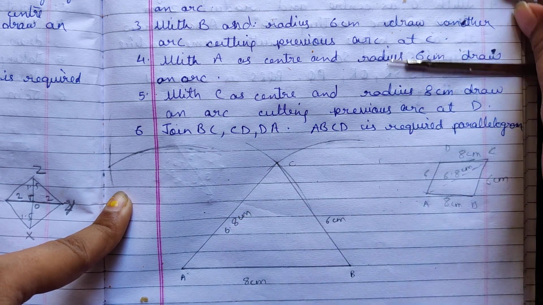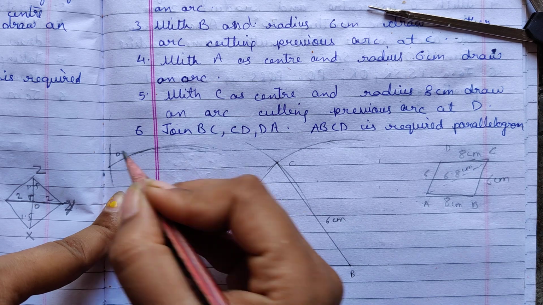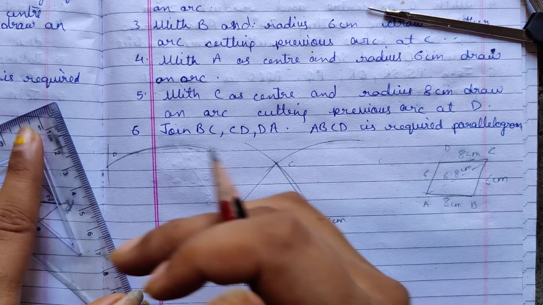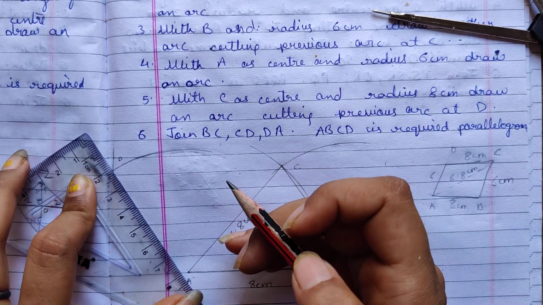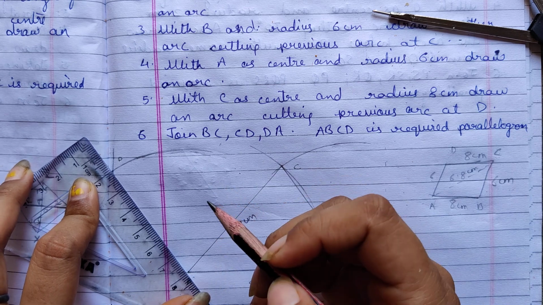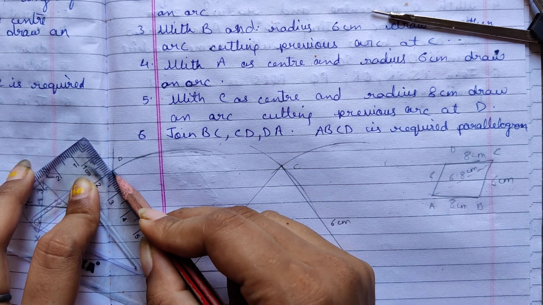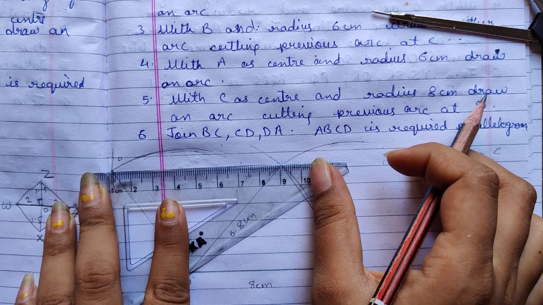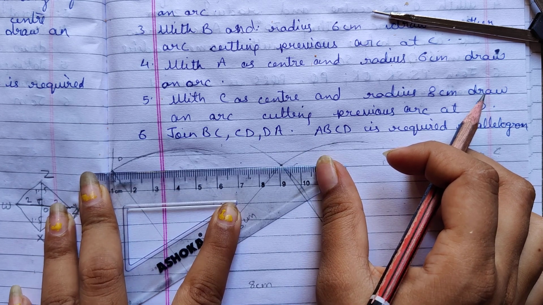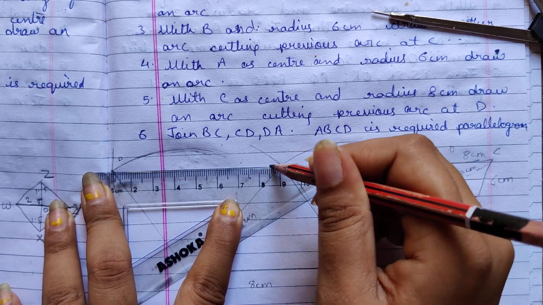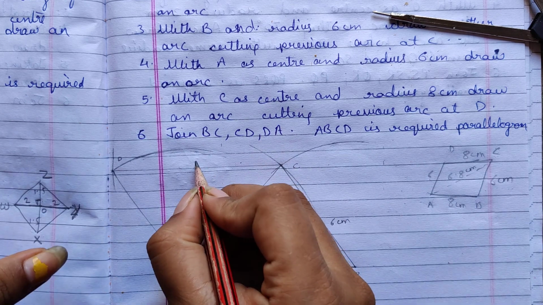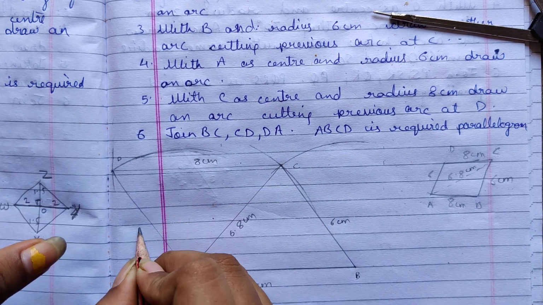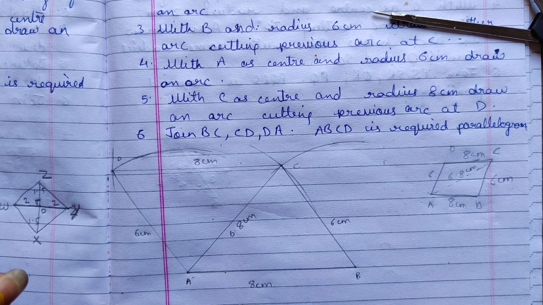So this is point D. Now join all the points, AD and CD. Write the measurement 8 centimeter and 6 centimeter. So this is parallelogram ABCD, where adjacent sides and a diagonal are given.